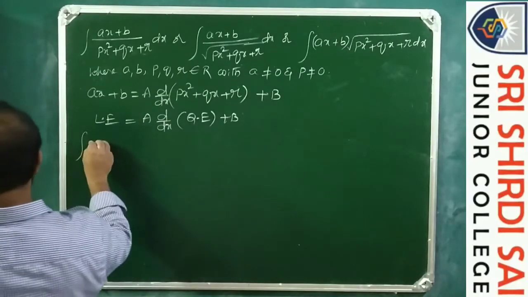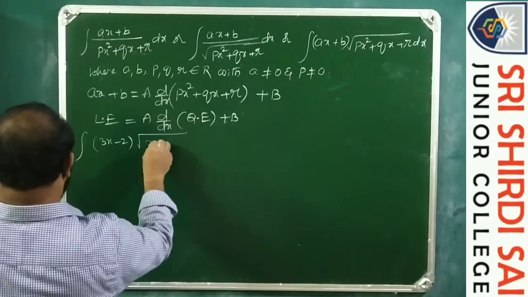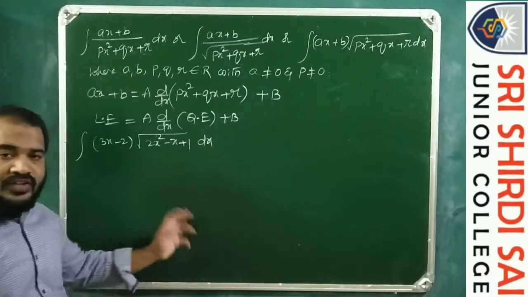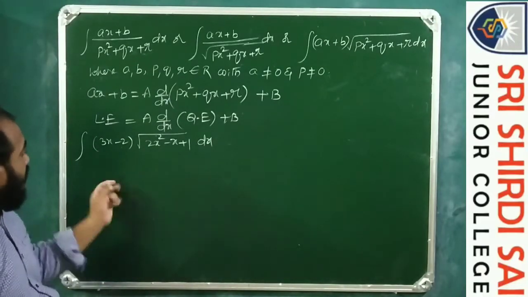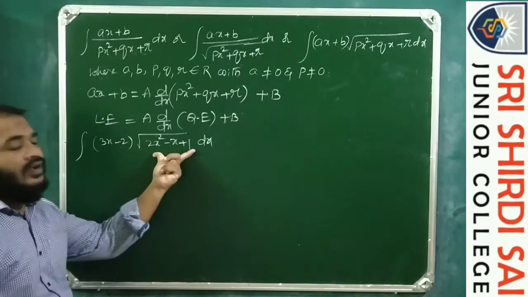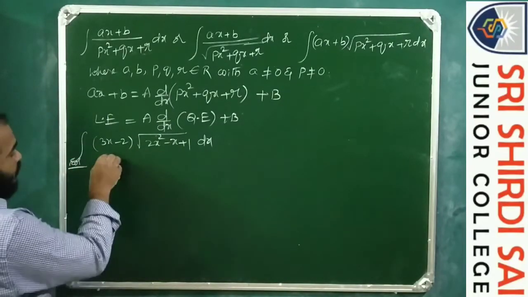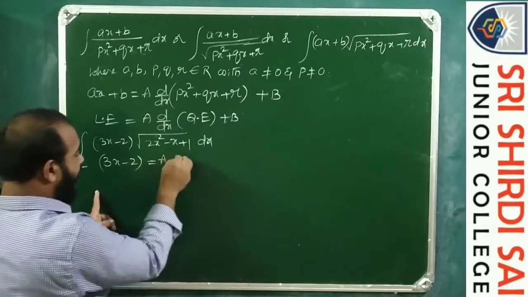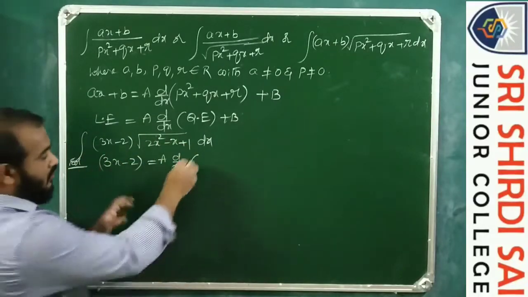Evaluate integral (3x minus 2) into square root of (2x square minus x plus 1) dx. If you see here, this integral is the combination of a linear and a quadratic expression. So how do we solve? The linear expression 3x minus 2 is equal to A into d by dx of the quadratic expression without root.